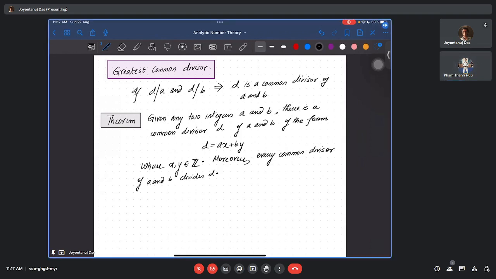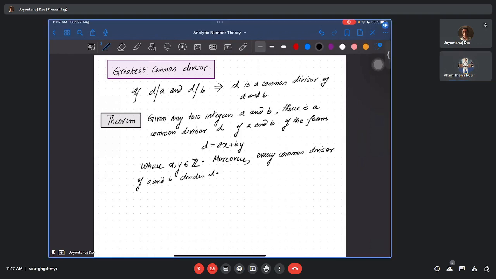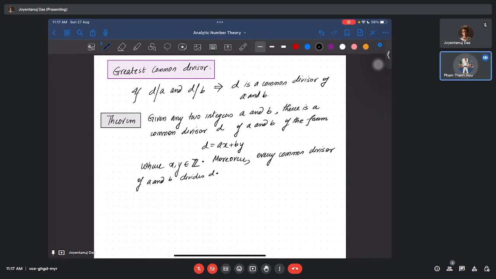So this divisor will depend upon a and b, right? Usually we will see later that x and y are not both negative; usually one is negative and one is positive, but that will come later.